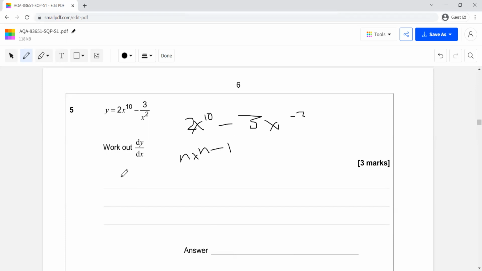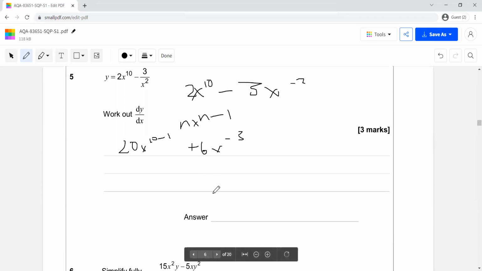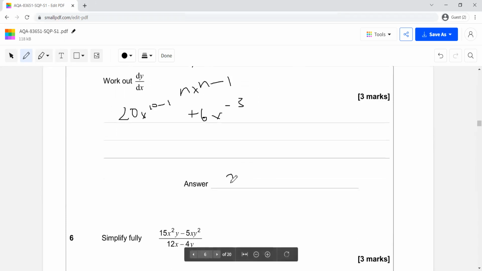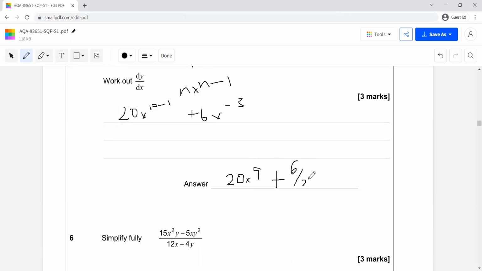So this is 20 times x to the 10 minus 1 plus 6x to the negative 3. So this is equal to 20x to the 9 plus 6 over x cubed.